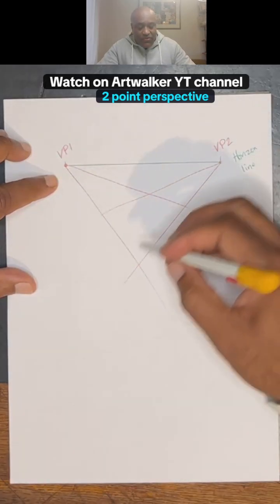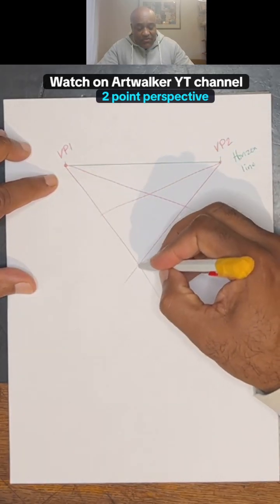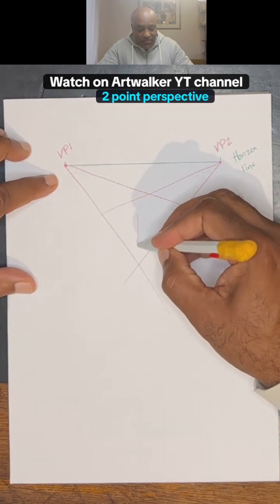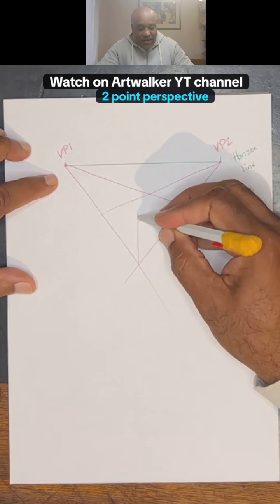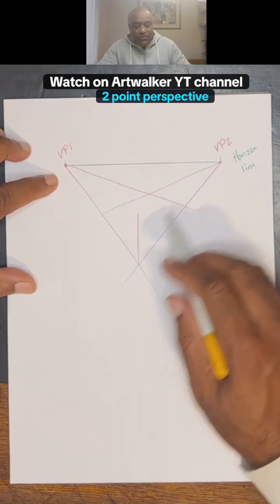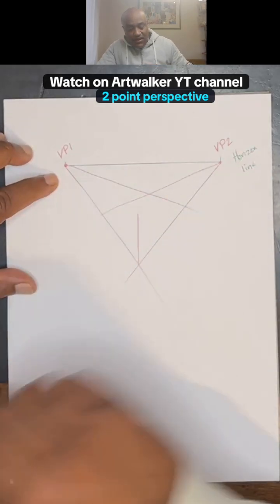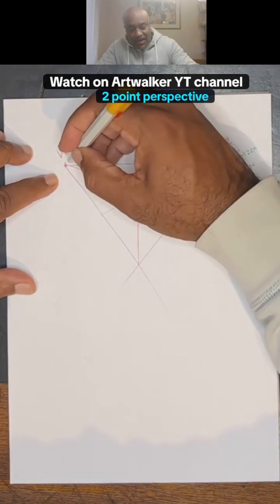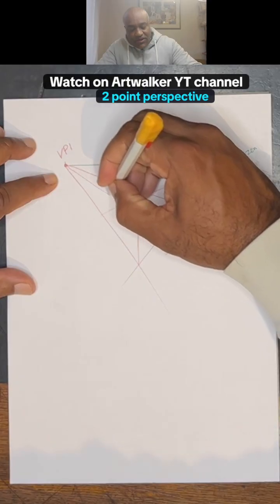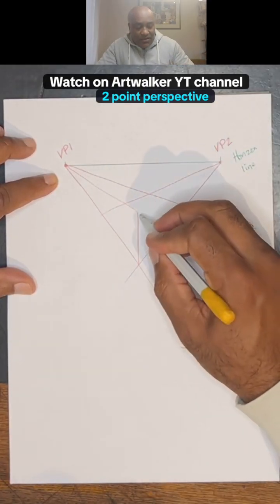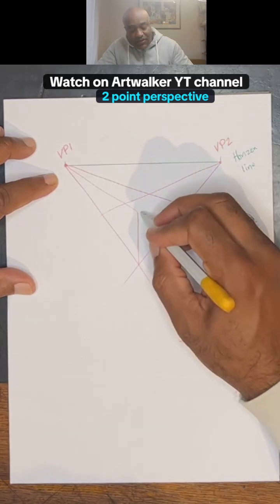Every line that we draw from here must go directly vertically, orthogonal, in this direction. These are the only lines that we do not draw from the vanishing point. However, now we go back to here, vanishing point to this point. Back to here to this vanishing point.